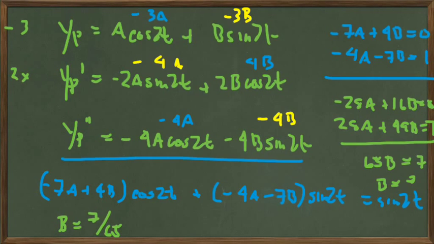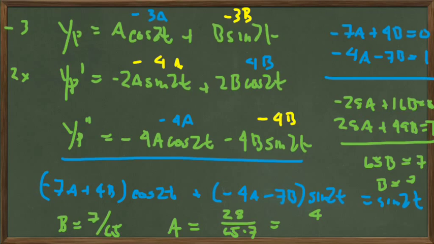And that would give a equals 28 over 65 divided by 7.